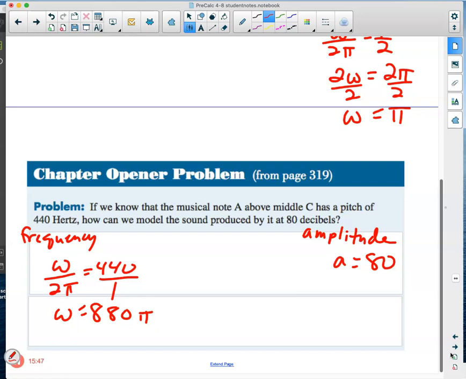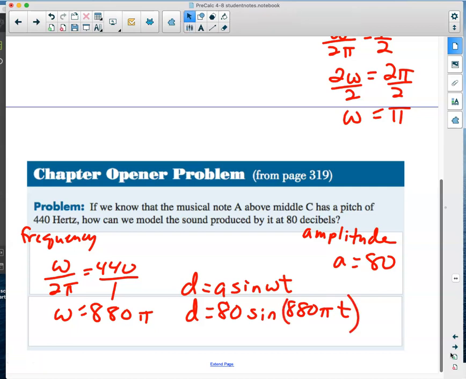And since it doesn't say that it starts at a high or a low position, we would absolutely be within our rights to say I should probably use sine for this. So amplitude was 80, and our angular velocity, or omega piece, was 880 pi. And then we'd put a little t right there.